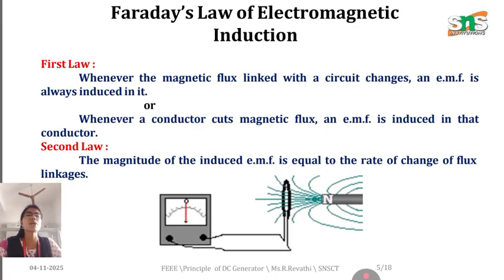Faraday's law of electromagnetic induction is the major principle employed in the working of a DC generator. It comprises two laws. The first law is whenever the magnetic flux linked with a circuit changes, an EMF is always induced in it. Whenever a conductor cuts the magnetic flux lines, an EMF gets induced. The second law is the magnitude of the induced EMF is equal to the rate of change of flux linkage.